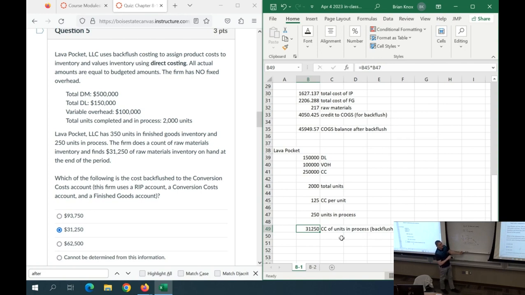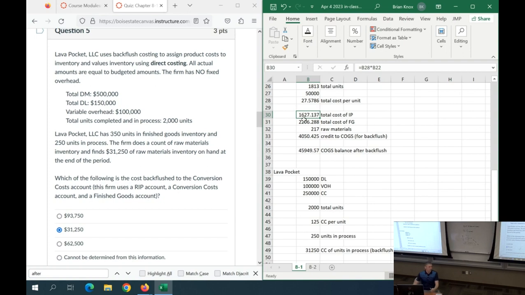We just lumped them all in together. And the last problem, we have a portion of this 1627 is debited to conversion costs. So it's debited to RIP right here. Some of it's debited to conversion costs. We didn't care. We know that in total, it's 1627 plus the R portion 217. But in total, we got the right number because really we're looking for this. We were driving at that. So that's why these two are a little different.